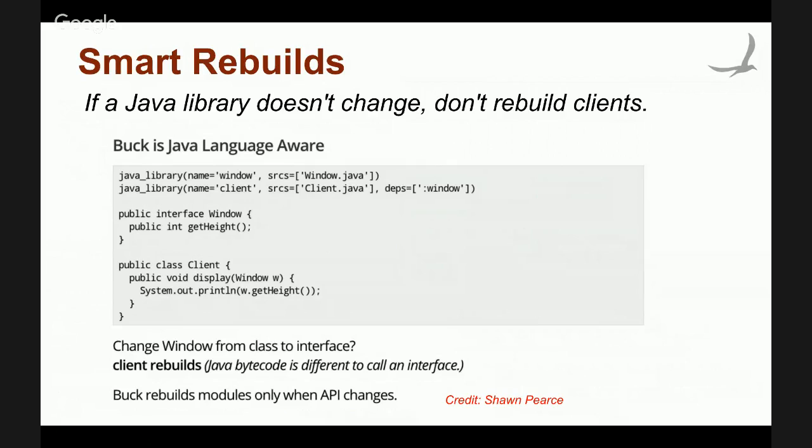So it knows the difference between changing the name of a class or a method or a method signature, and changing the value or the implementation of the methods. It'll detect when those changes have been made and rebuild just the library if it's implementation differences, and it'll rebuild the downstream dependencies in the DAG if there's an API change.